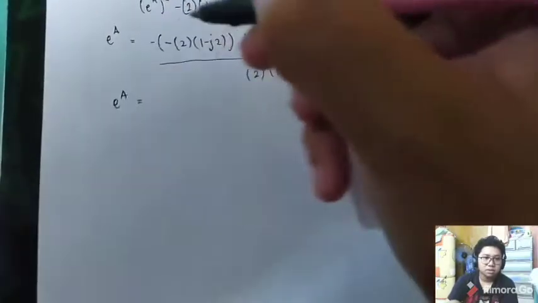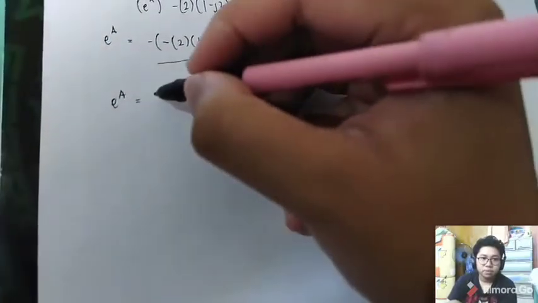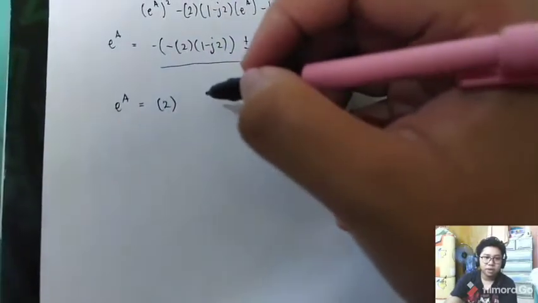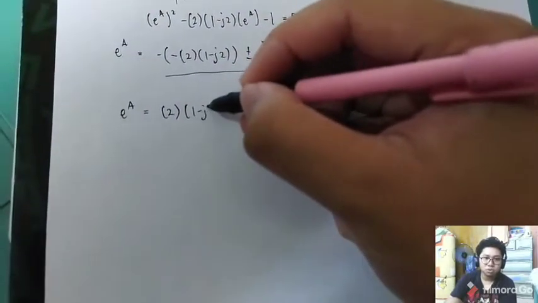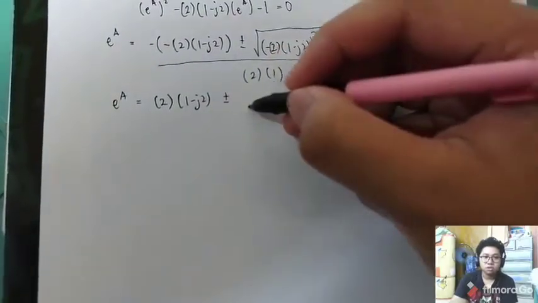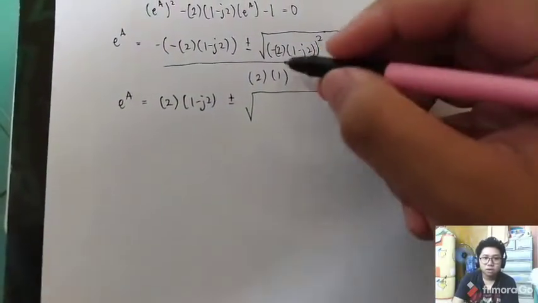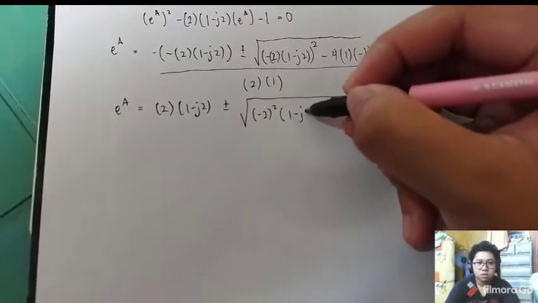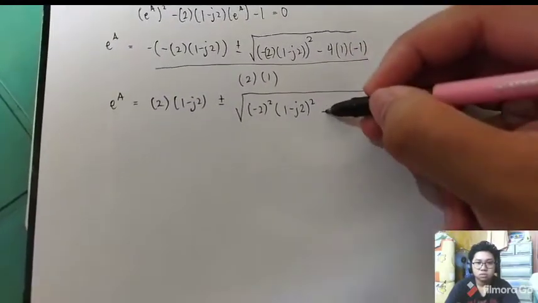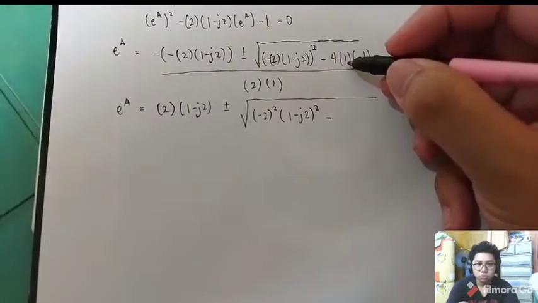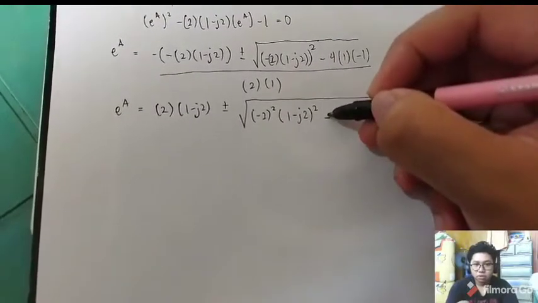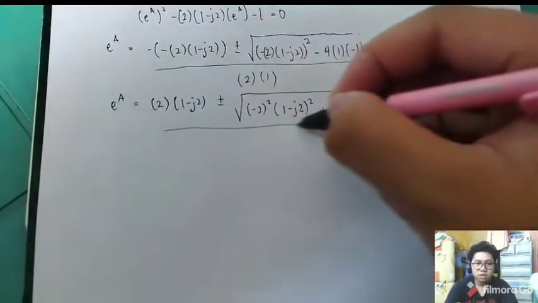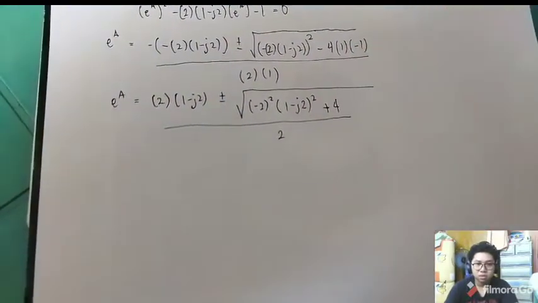And then that is e raised to a. Simplify, that is just 2 times 1 minus j2 plus minus, distribute the power, that is negative 2 squared times 1 minus j2 squared minus 4 times 1 times negative 1, that is positive 4.